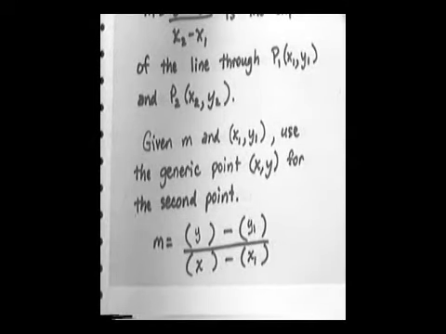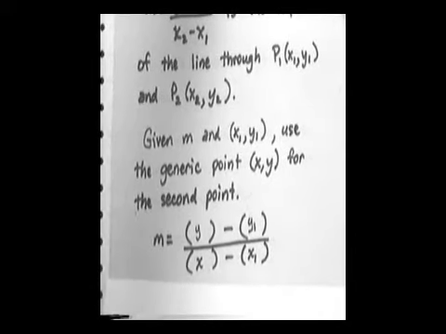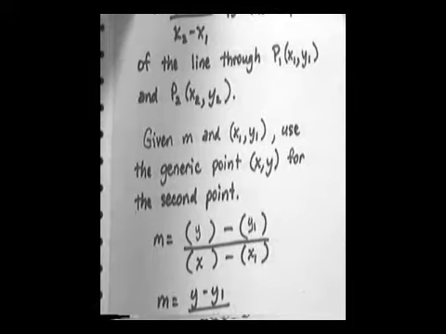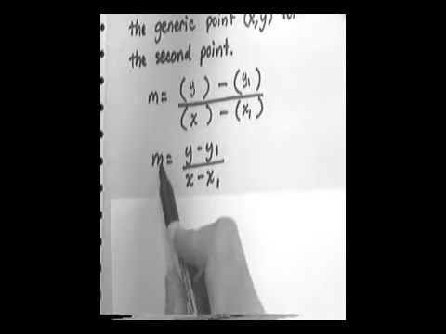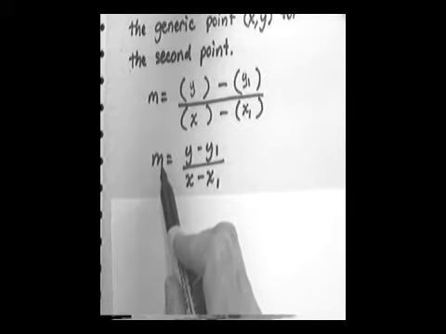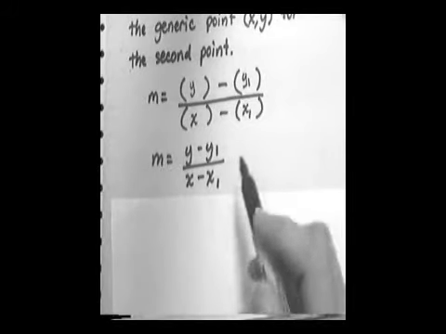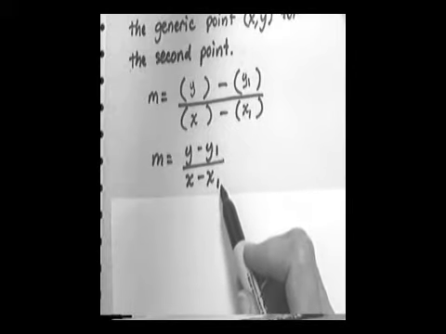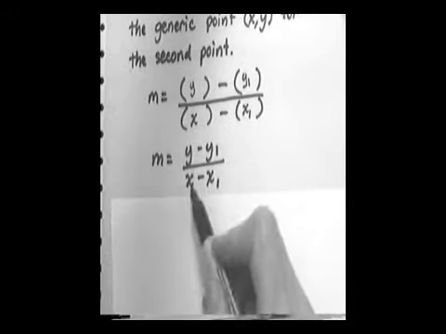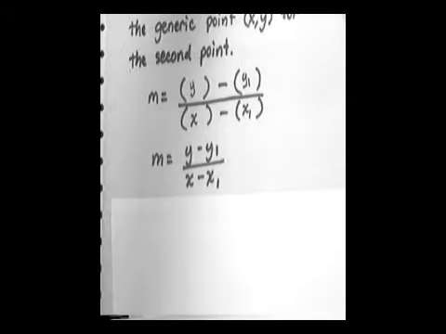So we have m equals y subtract y1 over x subtract x1. Let me show it again here without all the parentheses. Now, here's a formula. It involves the slope, m, which we can fill in with a number if we're given that, the point 1, x1, y1, filled into its needed place, and the generic xy to cover the second point.